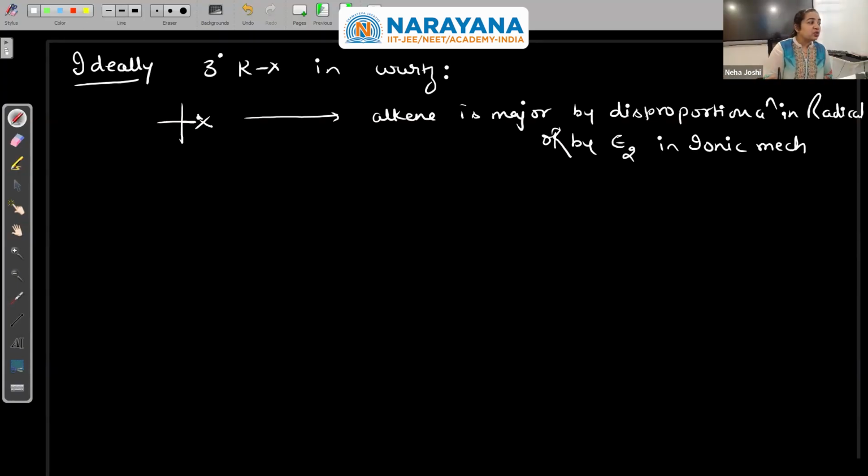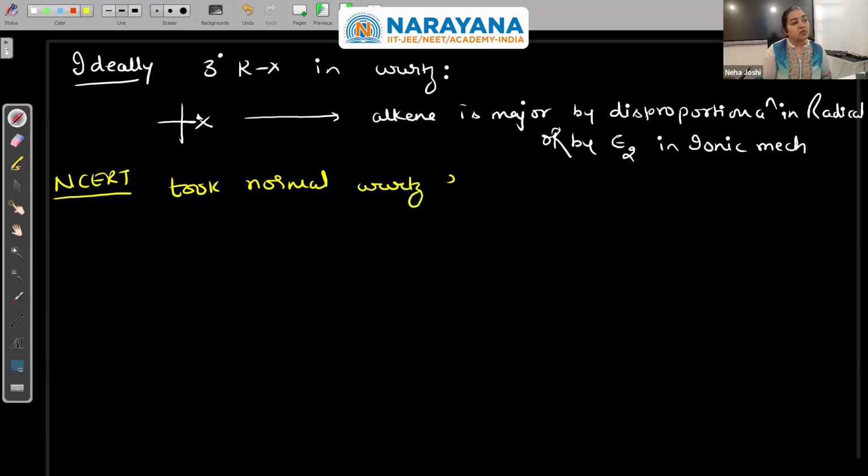But NCERT has no such comment mentioned. NCERT took normal Wurtz for 3-degree also. Okay, I'll show you. There are questions. Let me share the screen. Wurtz was given in 11th, right, Shiva?